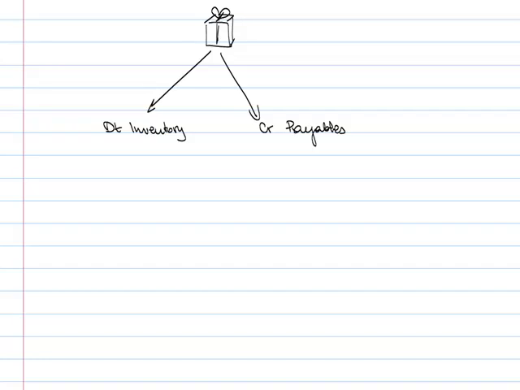And then when inventory is sold or released to production, the accounting goes debit cost of sales, credit inventory.